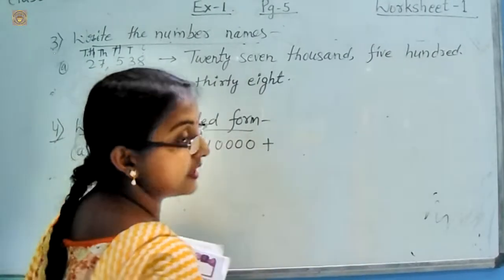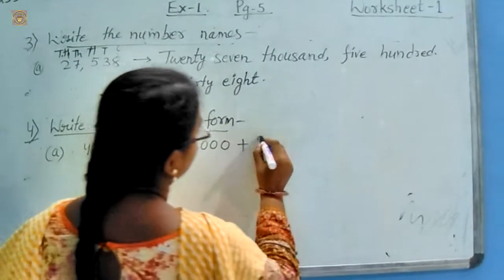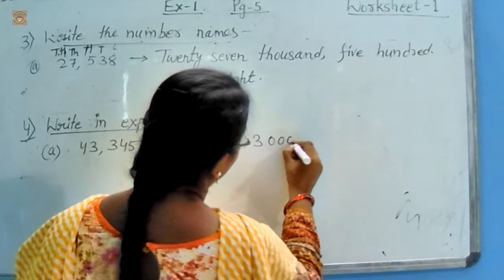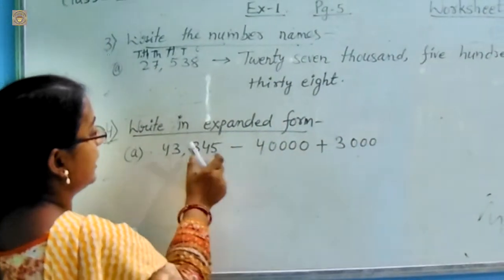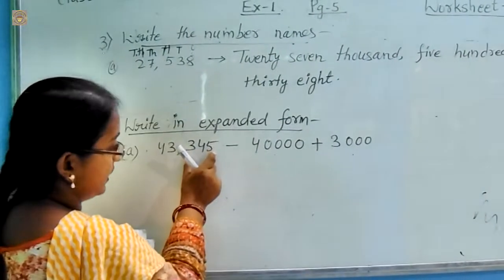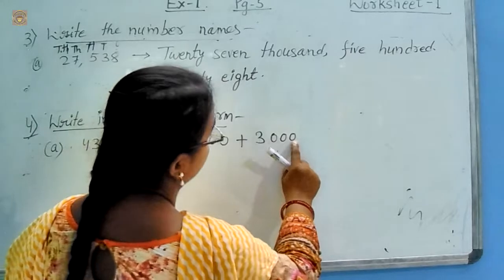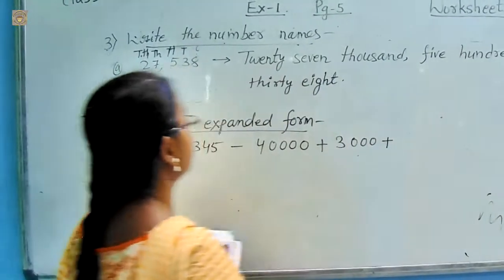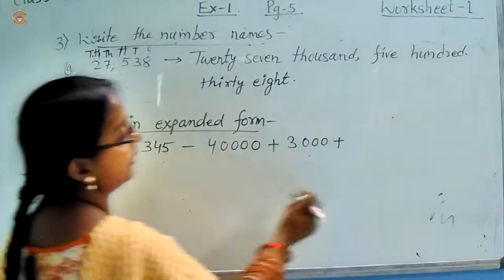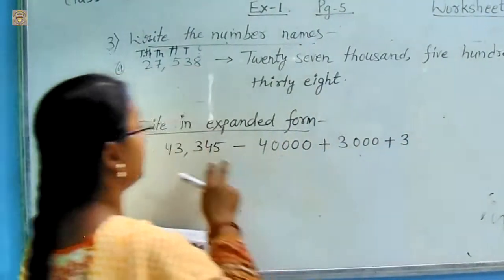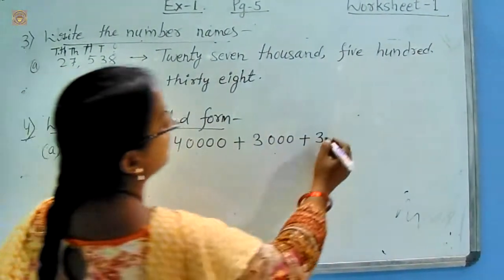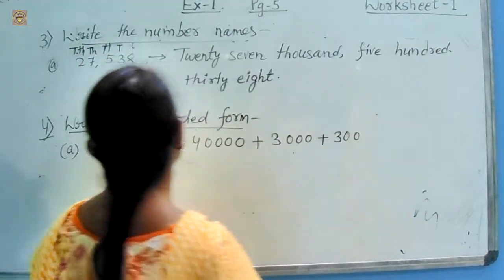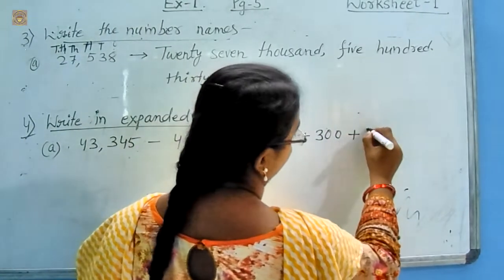Then there will be the sum for 3, and the remaining numbers are 3 digits, so I am putting 3 zeros, and so on. We will plus 2, next 3, and the remaining 2 numbers, so we will put 2 zeros, and so on.